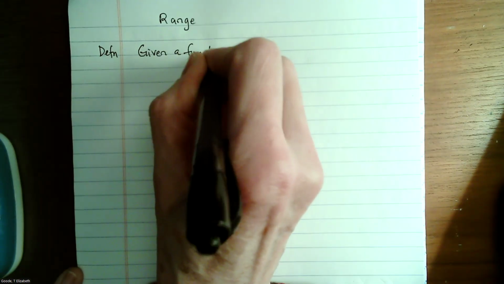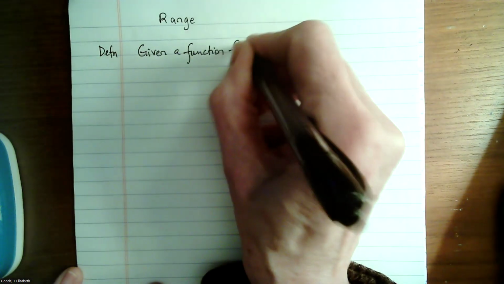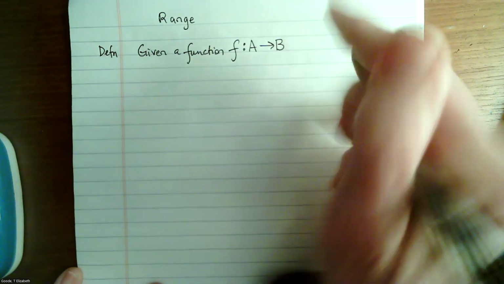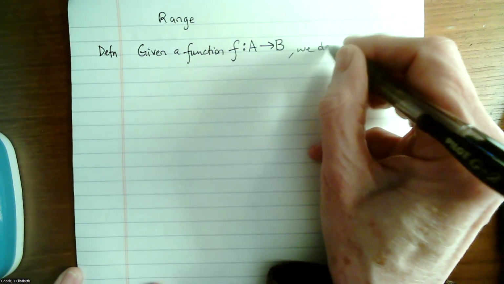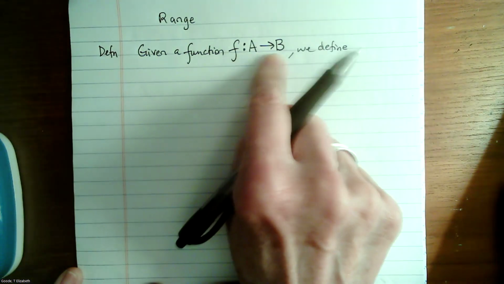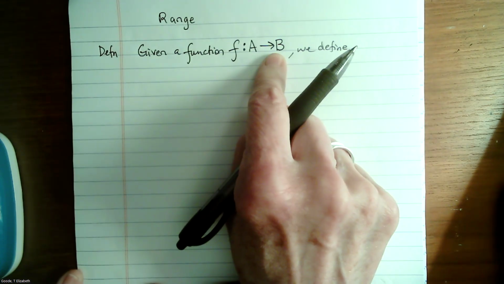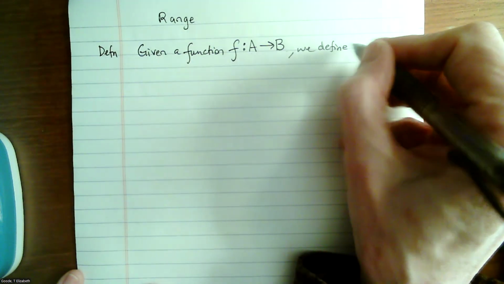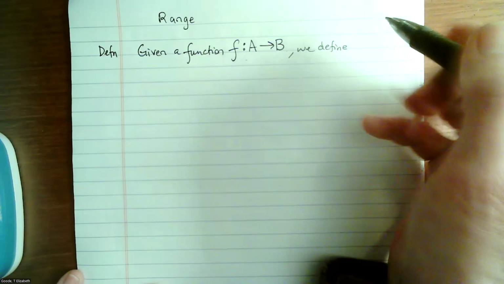Given a function f, say, from A to B, these are sets, when we say that f is a function from A to B, you are to understand that A and B are non-empty sets, okay? And that f is a subset of the cross product.